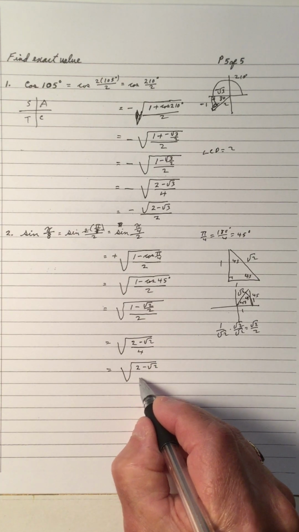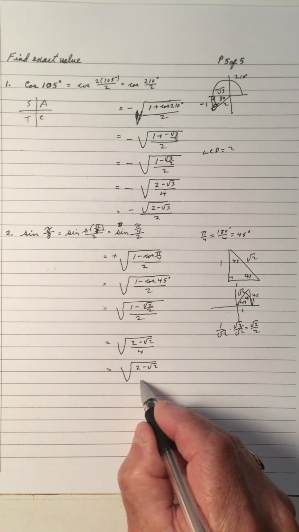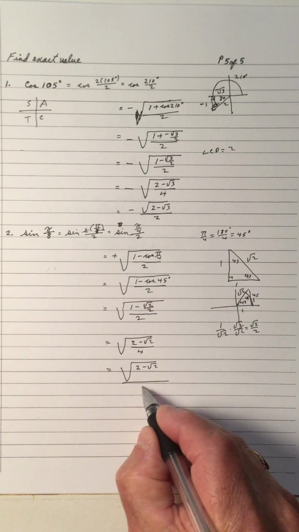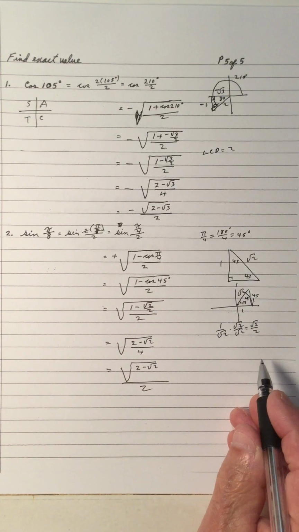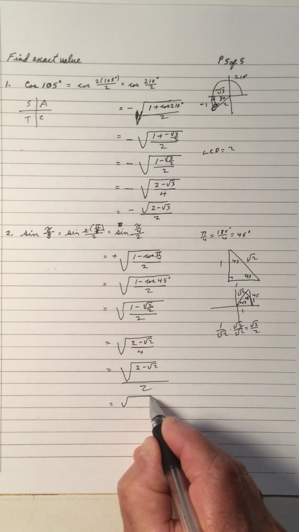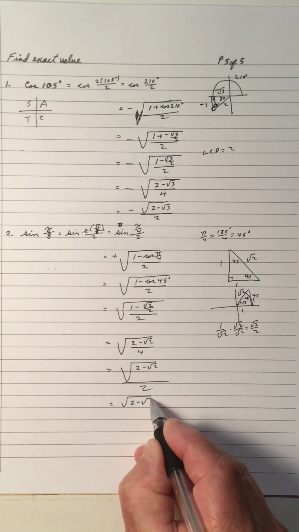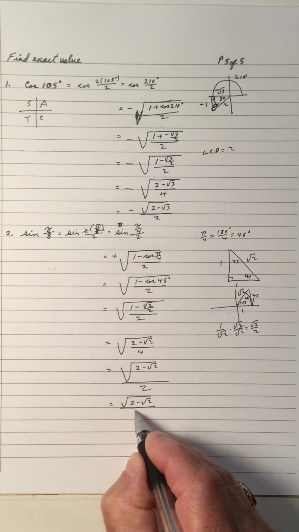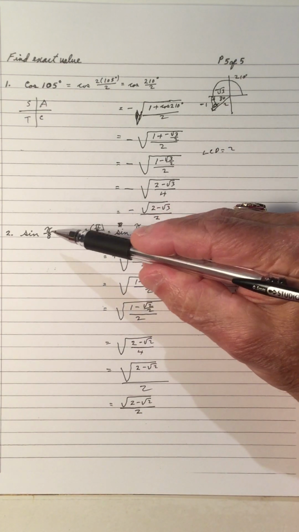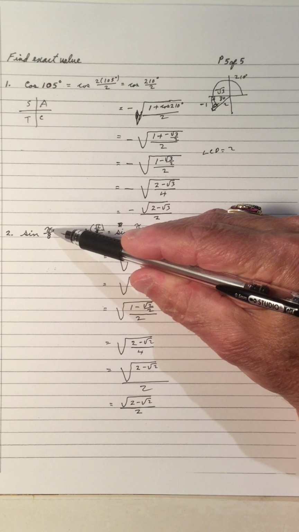The denominator, the square root of 4, is 2. So there it is: the square root of 2 minus root 2, over 2. That's the exact value for the sine of pi over 8.